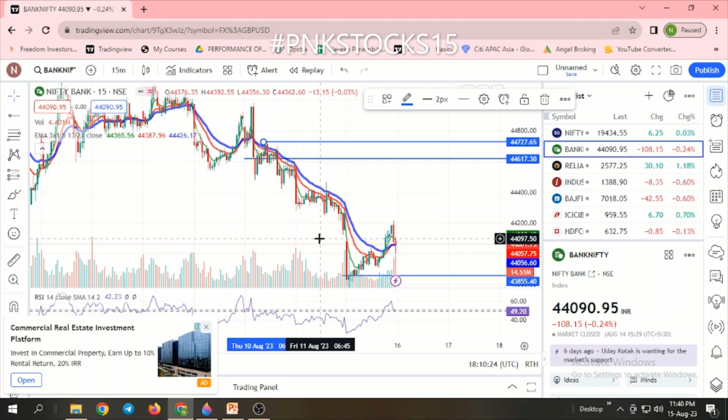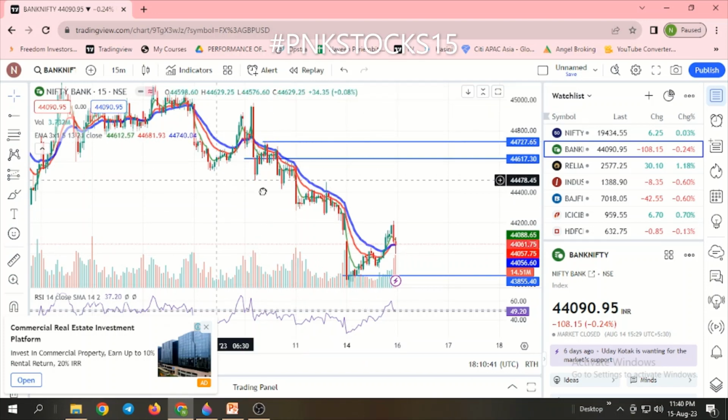So we should not worry about 100, 150 up to 200 points. We can go easily with Bank Nifty and trade accordingly. With 100 points of risk, you got 750 points. So very good trade.